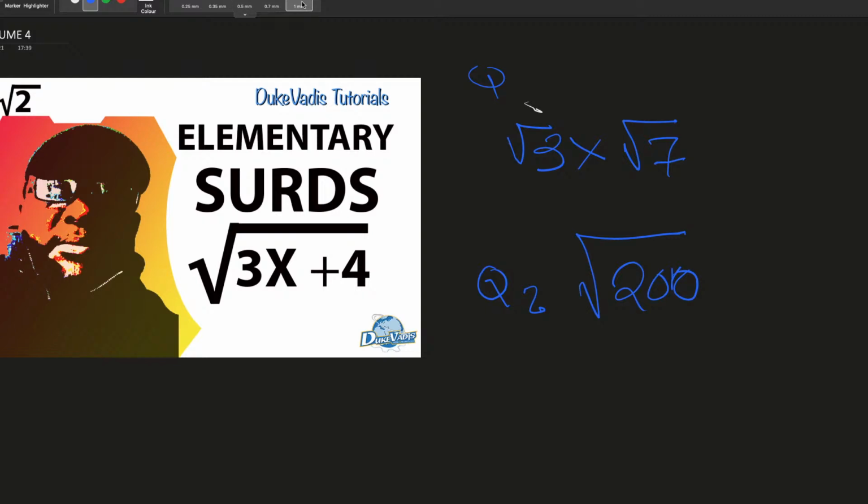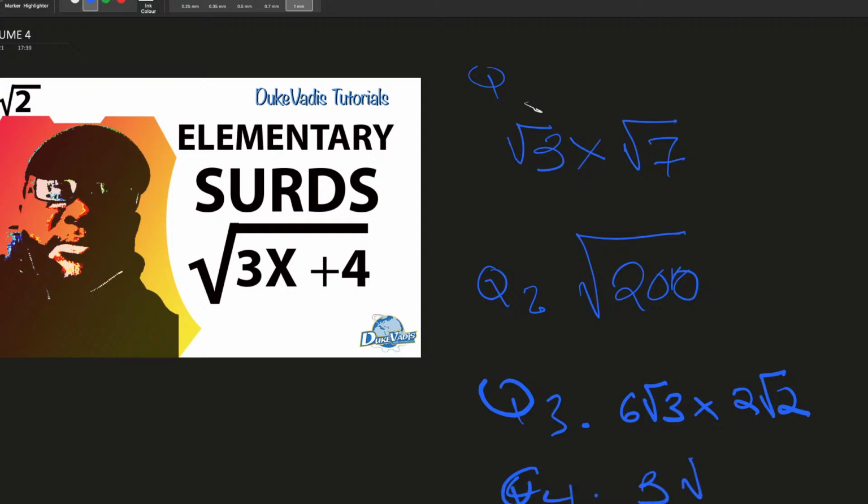The third one says simplify 6 root 3 times 2 root 2. And the last bit says simplify 3 root 72. All right, so this is what we have for a start.